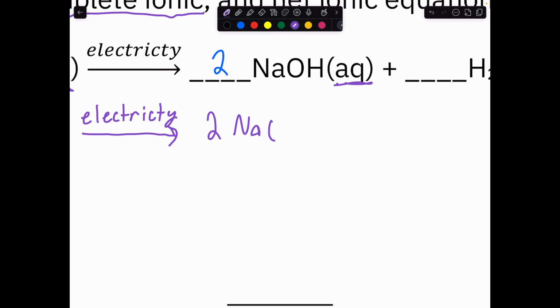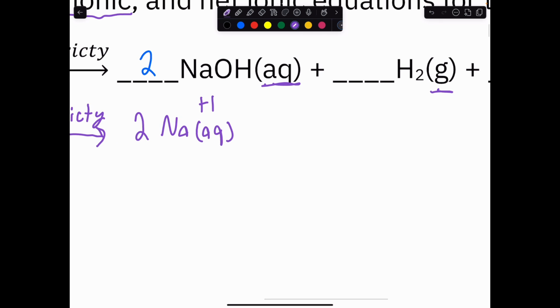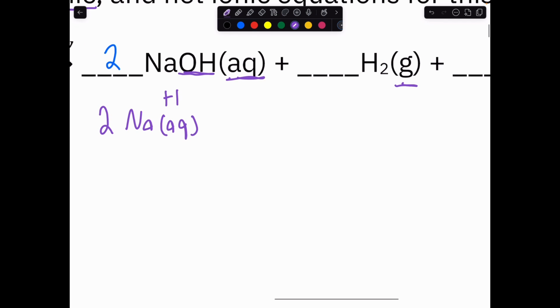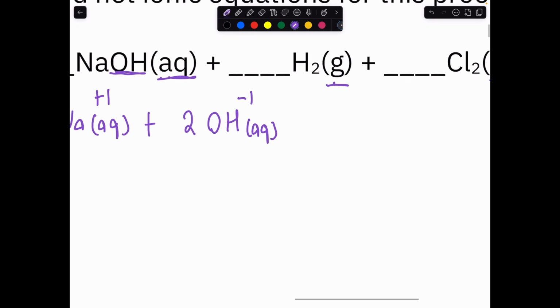sodium, that's aqueous. It also has a +1 charge. And this time, instead of breaking up our OH like we would usually, we need to recognize that this OH is actually hydroxide. And so we have 2 hydroxide ions that are aqueous, and that's going to be a -1 charge.